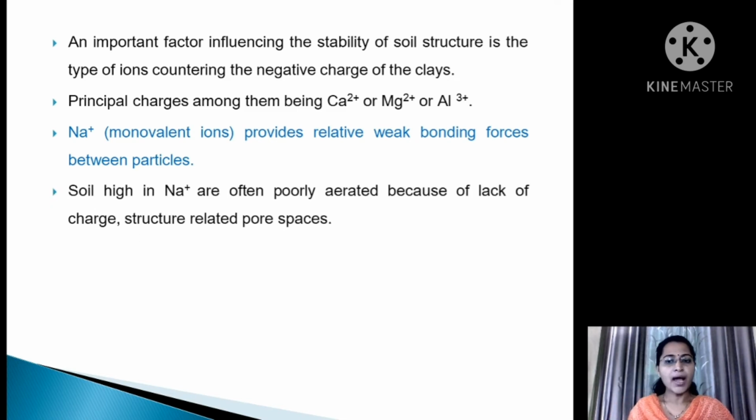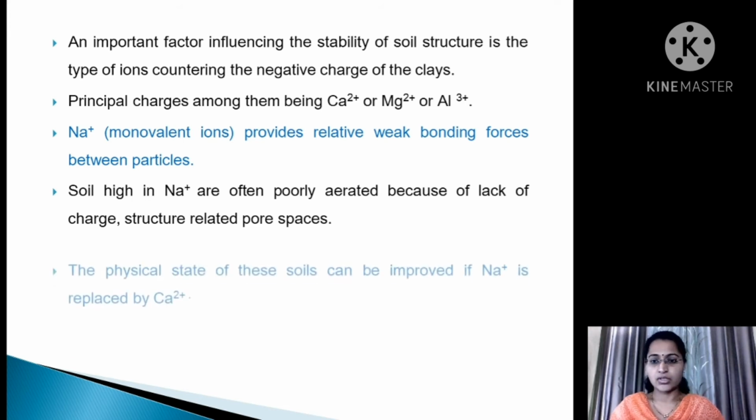Soil having a high concentration of sodium is often poorly aerated. Aeration is less in soil where the amount of Na+ is high. Why? Because of lack of charge and structure-related pore spaces. Due to this, that soil is poorly aerated.